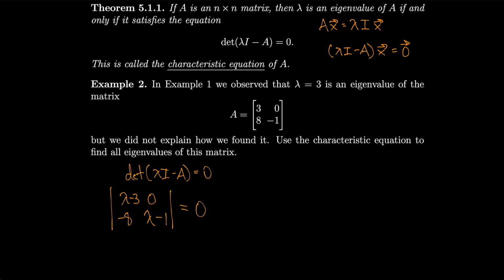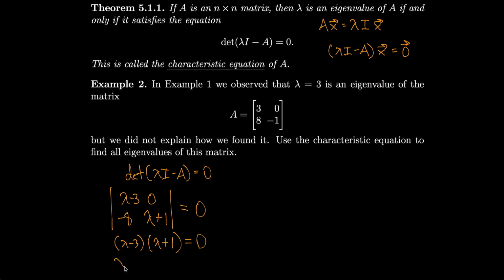So that's the same thing as saying lambda minus 3 times lambda minus 1, minus 8 times 0, which is 0. So that's the same thing as saying lambda minus 3 times lambda plus 1. Oops, this is minus 1, this should be plus 1. So that has to be 0.